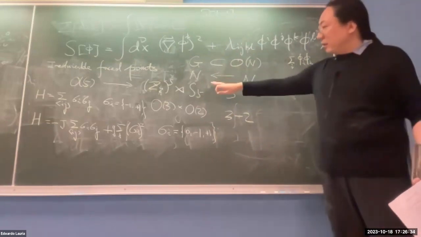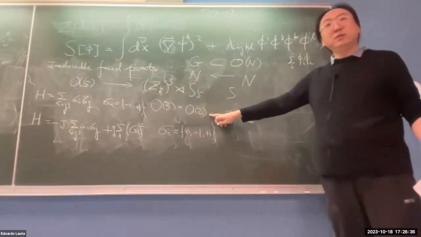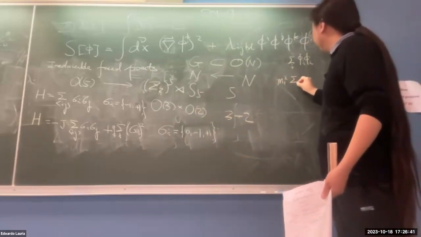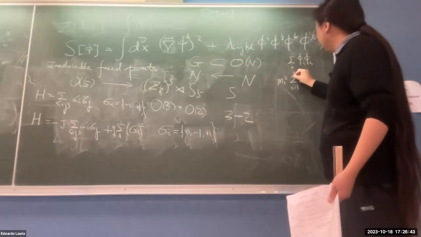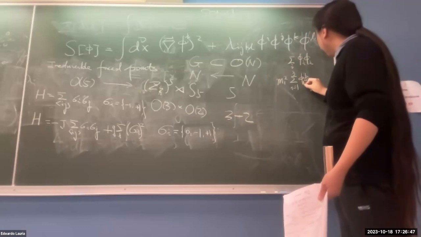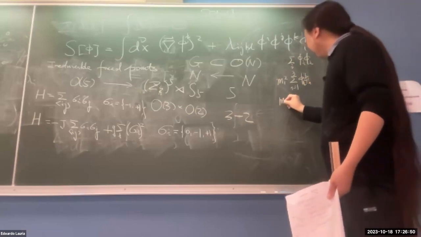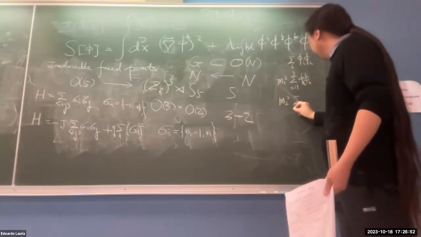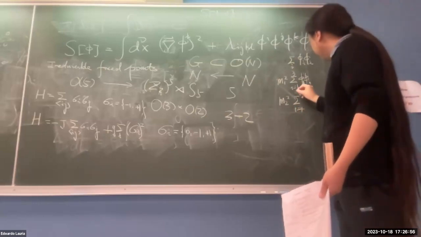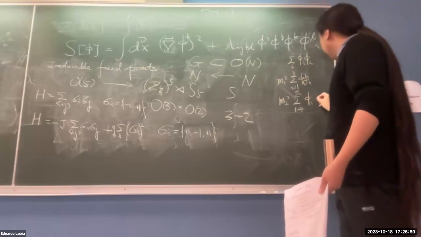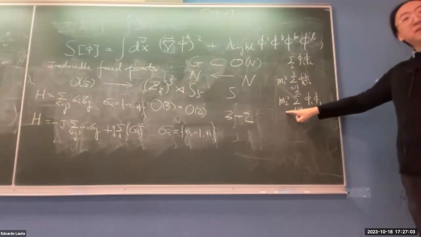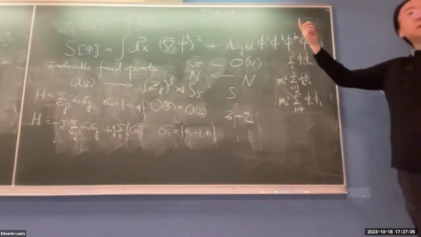On the other hand, if my group is like O3 times O2, I would write two mass terms, M1 squared, sum over i from 1 to 3 of phi_i squared, and M2 squared, sum over i from 4 to 5 of phi_i squared. These will be the two mass terms that can appear in my action.